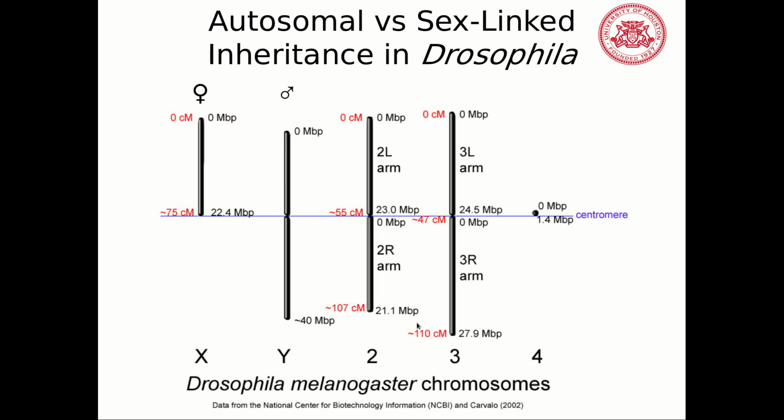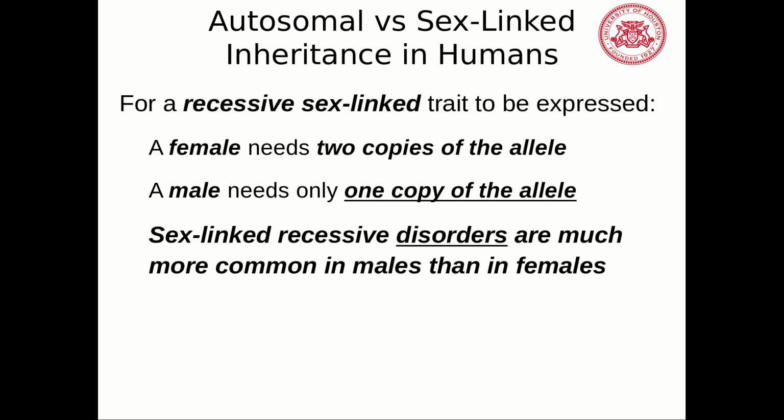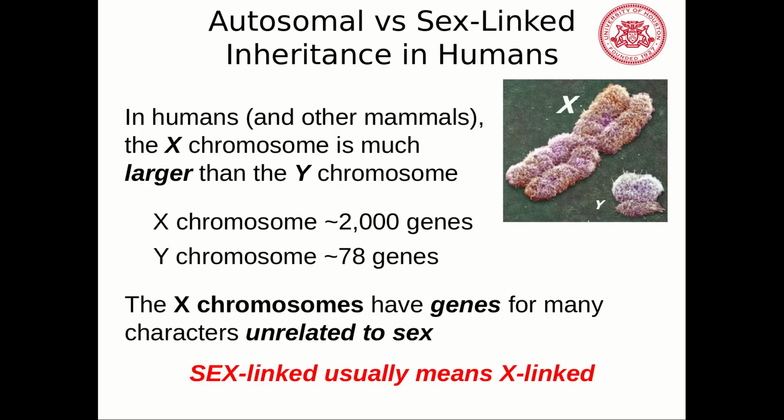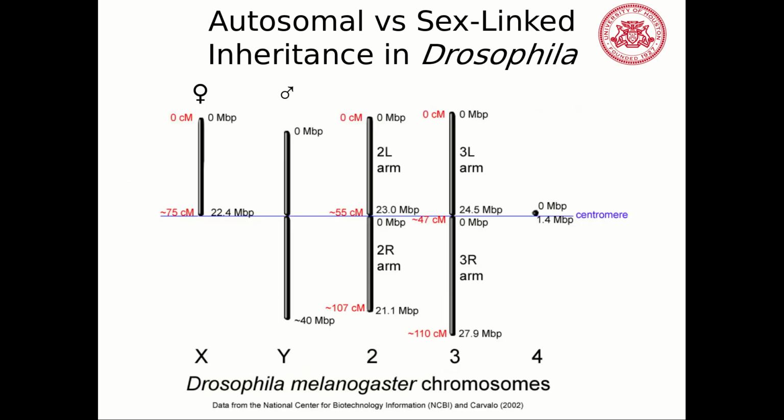Now here you have the chromosomes that a fly has. So we're switching over to the flies, Drosophila, and away from humans. Humans have many more chromosomes. If you remember back here, we have 23 total: 22 autosomal chromosomes and one sex chromosome, which can be either X or Y. A little confusing sometimes, but 23 total chromosomes versus 4 total chromosomes.